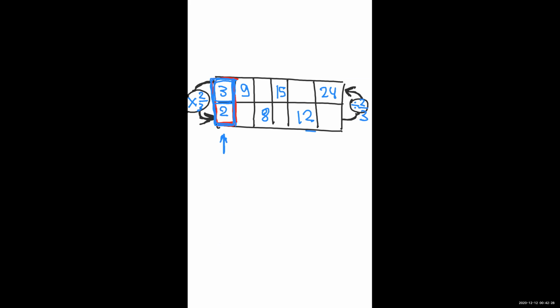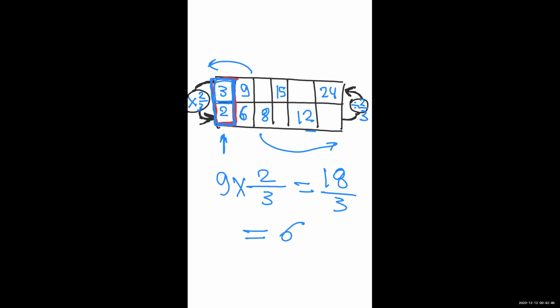So now 3 times 2 over 3 equals 2. 9 times 2 over 3 equals 18 over 3, which is equal to 6. Now 8 divided by 2 over 3. How to divide 8 by 2 over 3?